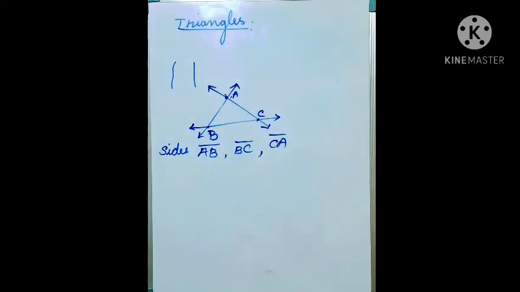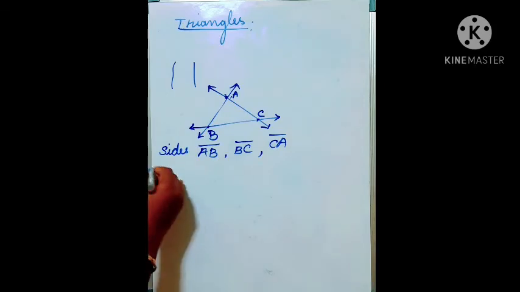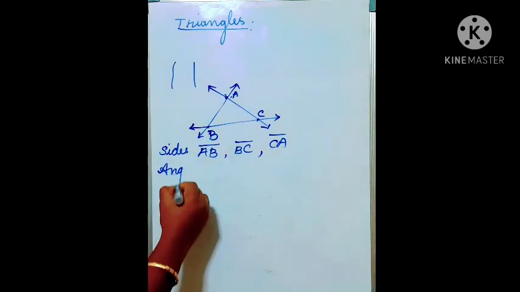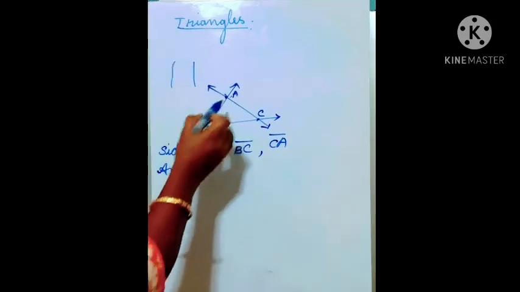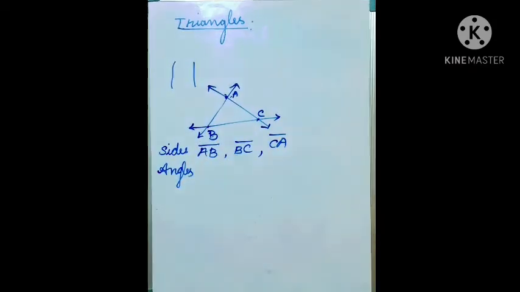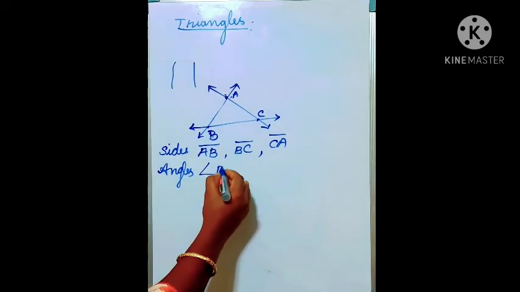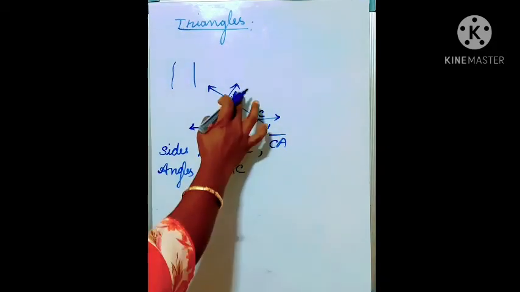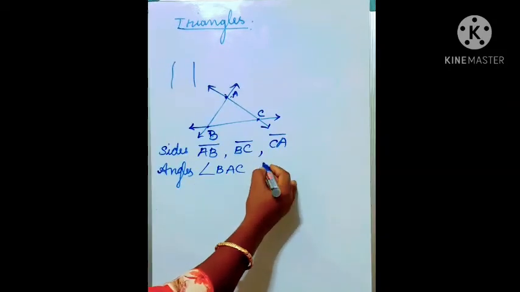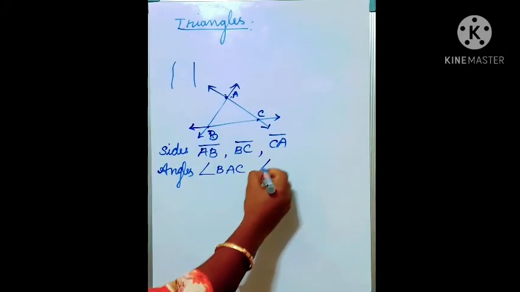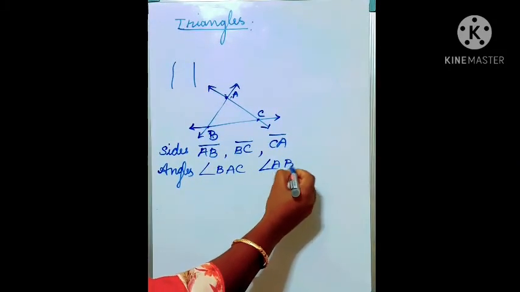Okay, fine. Next are the 3 angles. What are the 3 angles you can make? I have taught you the angle should be in the middle. So the angle BAC, A first. Then you want B as another angle, ABC.